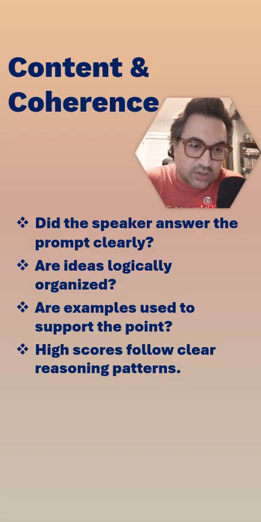Are your ideas logically organized? Are you going from point A to point B? Third one, are examples used to support the point, or are your examples irrelevant? That's important. And high scores follow clear reasoning patterns. So it is very clear where you are coming from and where you are going. And that is the hallmark of a high scorer.